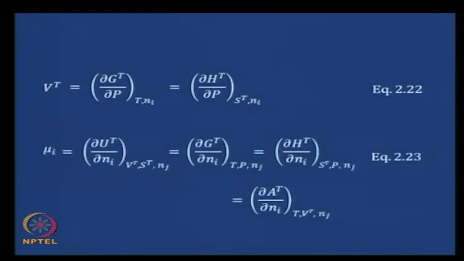And all the four ways of representing the chemical potential as either dou Ut by dou ni at constant Vt, St, nj, dou Gt by dou ni at constant T, P, nj, dou Ht by dou ni at constant St, P, nj, or dou At by dou ni at constant T, Vt, nj. Let me call this equation 223. These are very useful equations, as we will see in the next class.